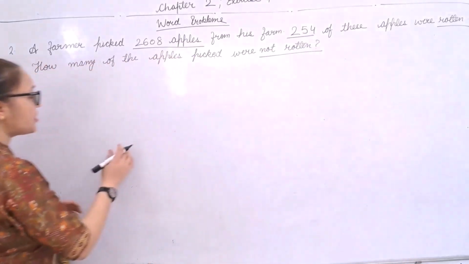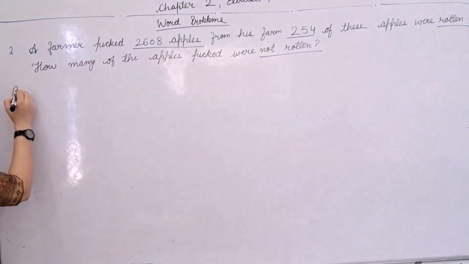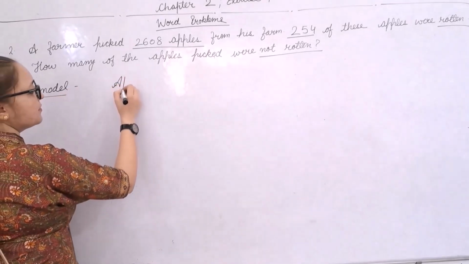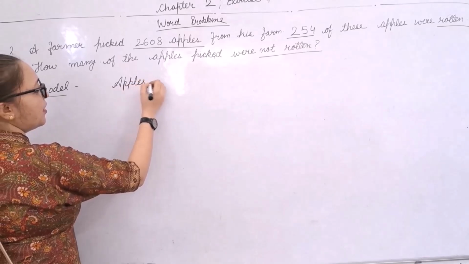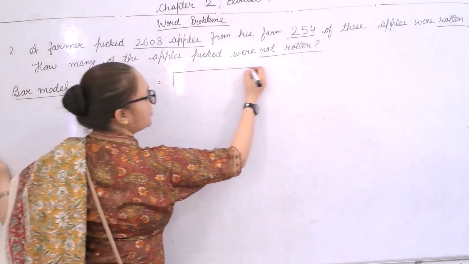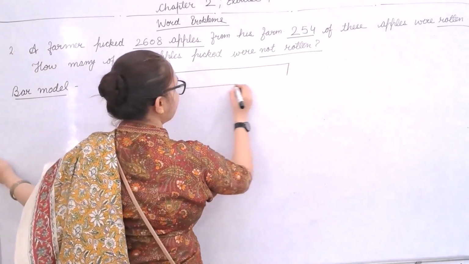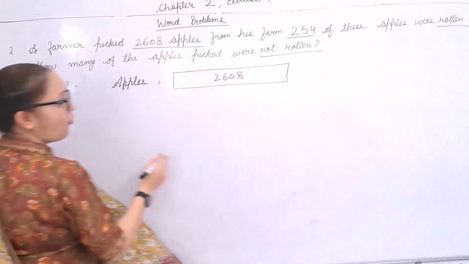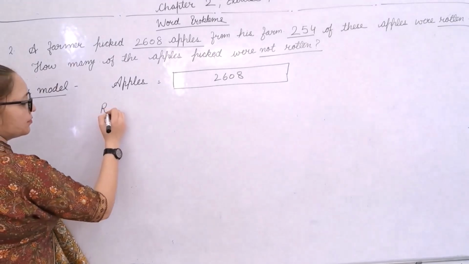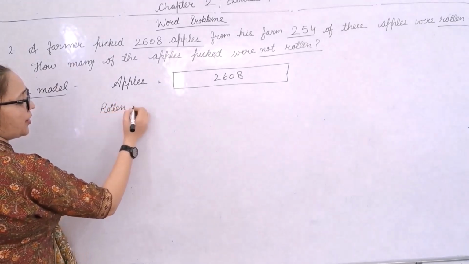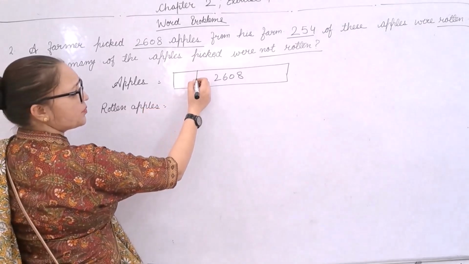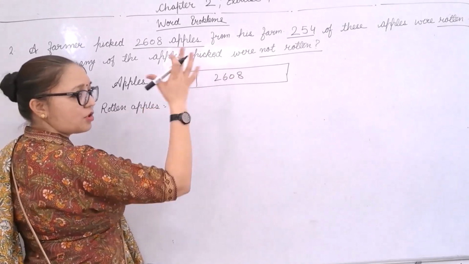Let's see. First, we will draw a bar model. We will draw some bars. Apples, 2,608. And how many apples are rotten? Rotten apples, 254. Of these apples, for example, this much amount is rotten and this one is not rotten.